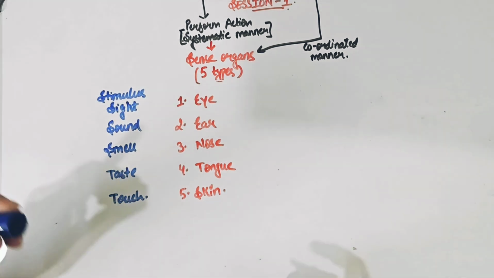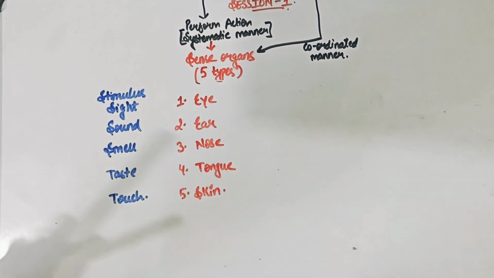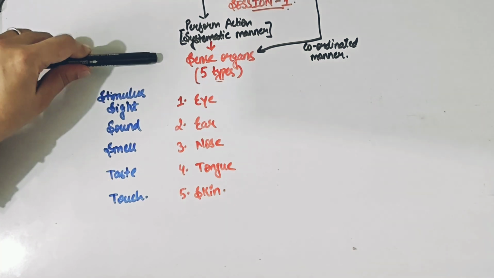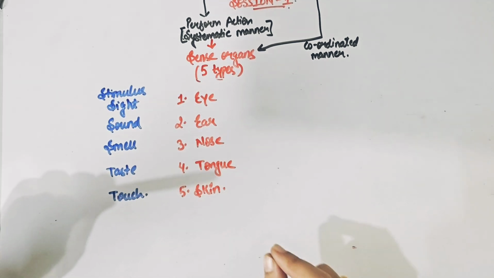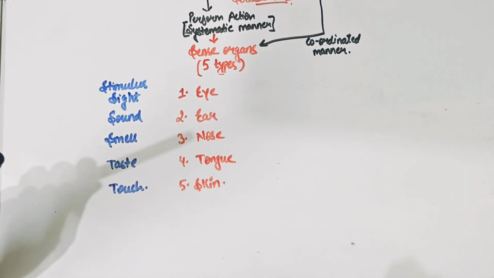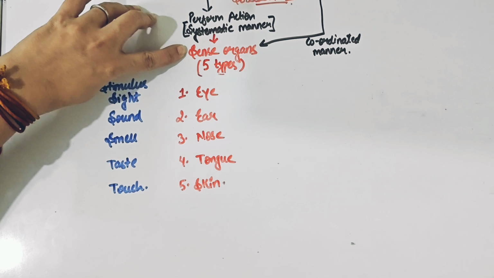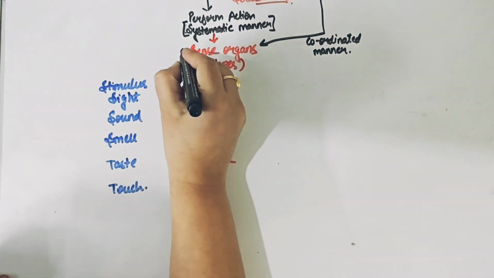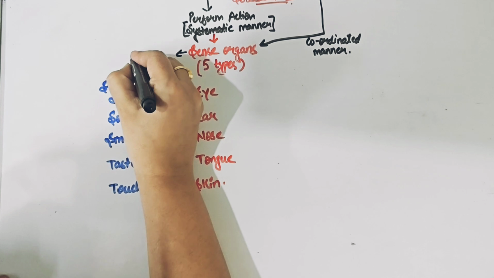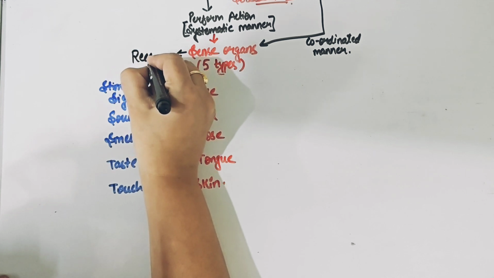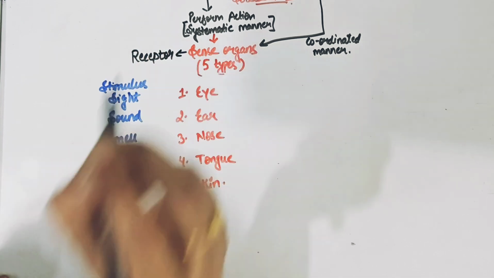The important thing, children, based on grade 10 that you need to know is that all these sense organs consist of specialized cells. This is very important. All the sense organs consist of specialized groups of cells, and these groups of cells are known as receptors.